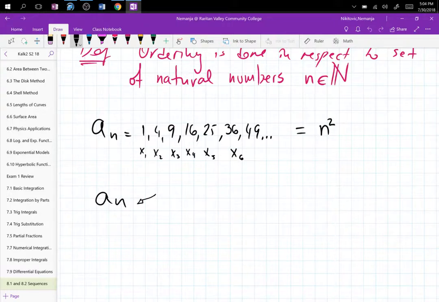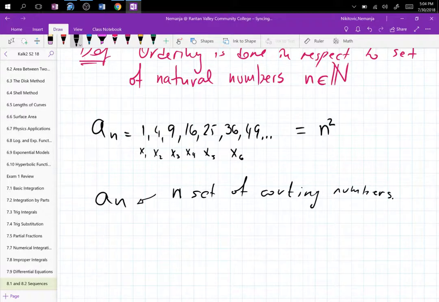So generally we use that n is the set of counting numbers.